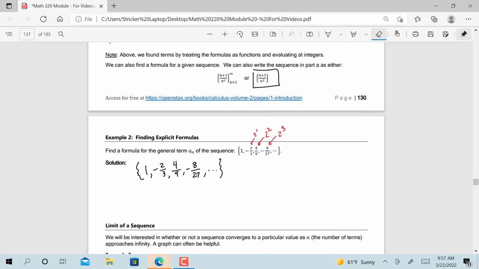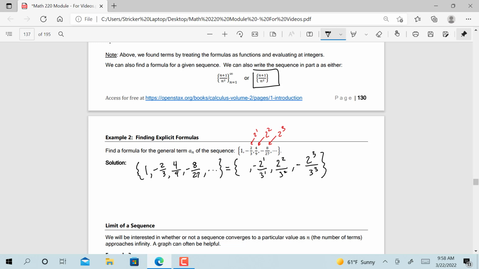So we can kind of go through this. And what I like to do is just kind of rewrite it as I was just saying. I'm going to skip the first term here for a second, but the second term, we have negative, and we have 2 to the first over 3 to the first. And then the next term, we have positive 2 squared over 3 squared. And then we have again negative 2 to the third over 3 to the third. And then the first term was 1.